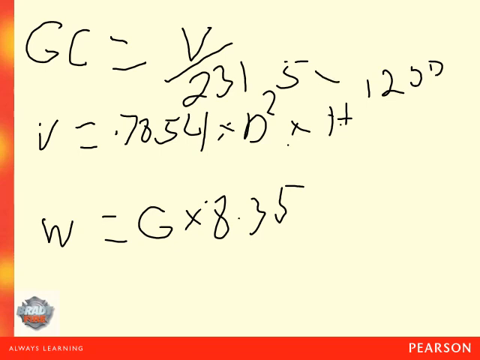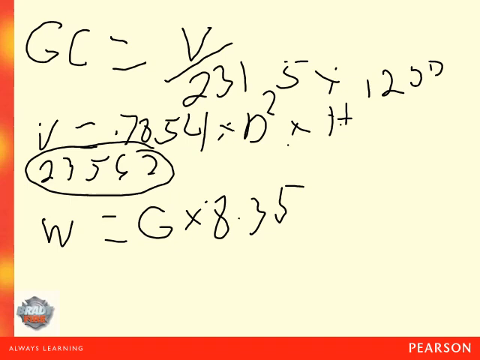So 1,200 times 5 times 0.7854 gives us a volume of 23,562. So now we get our gallon capacity by taking 23,562 and dividing that by 231, and our gallon capacity is going to be 102.